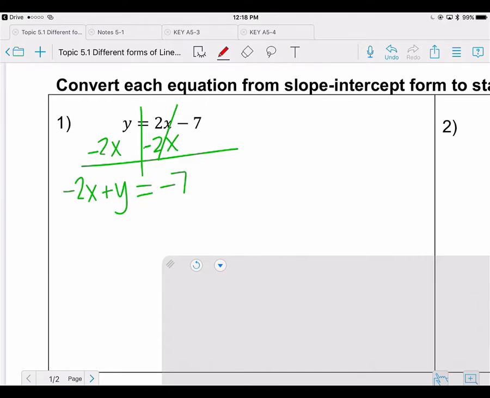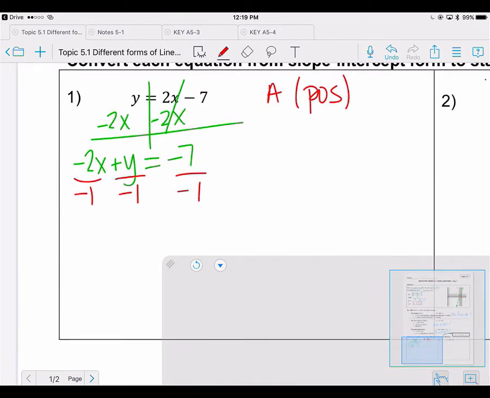From here, we have x and y on the same side, but a, the number in front, has to be positive, and we can't have fractions. Now, we don't have fractions, so that's fine, but x has to be positive. So the way I get rid of a negative is I divide each and every term by a negative number. If I just change x, I have changed the value of this problem and it is no longer the same.